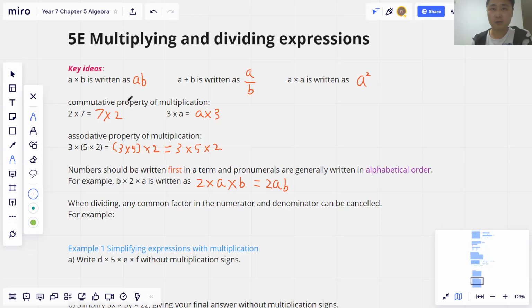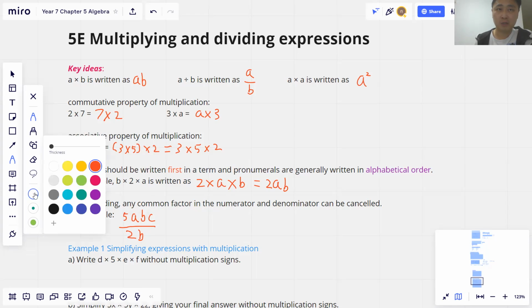For division, any common factor in the numerator and denominator can be cancelled. What does it mean? For example, we have 5ABC over 2B. Because they both have B, you can cancel the B out.